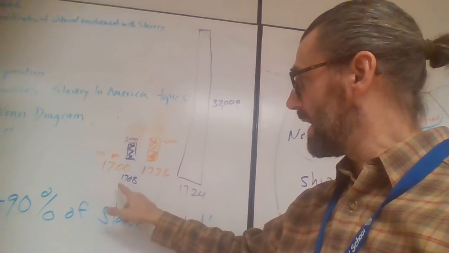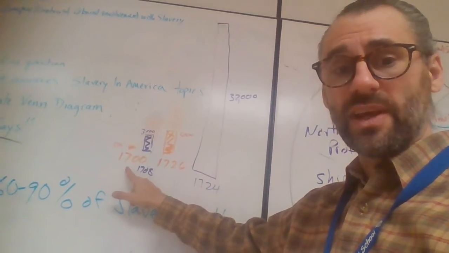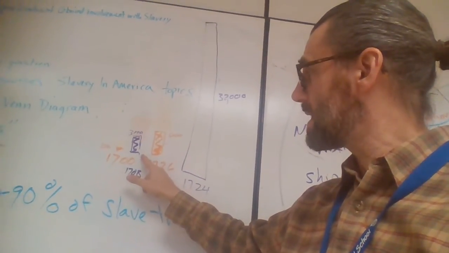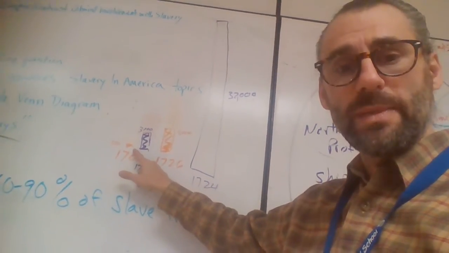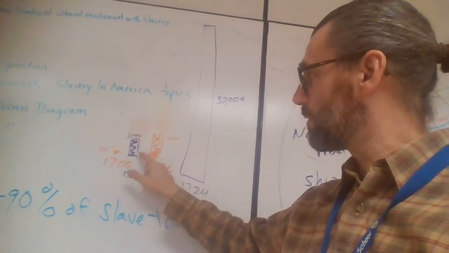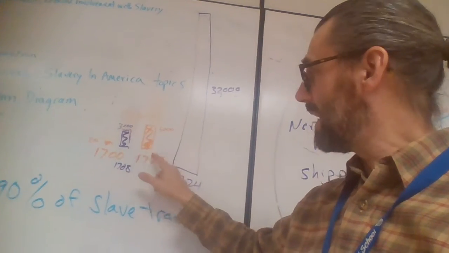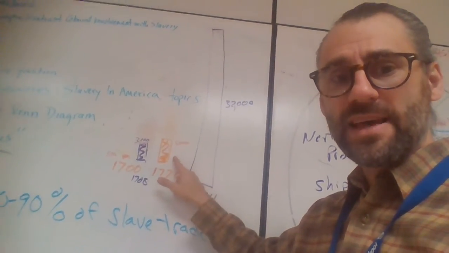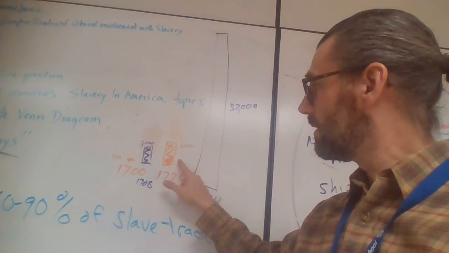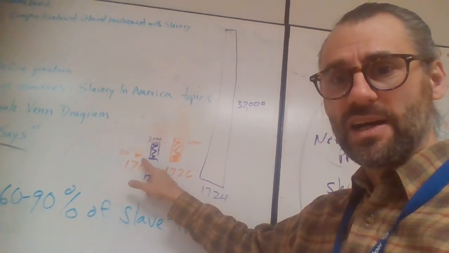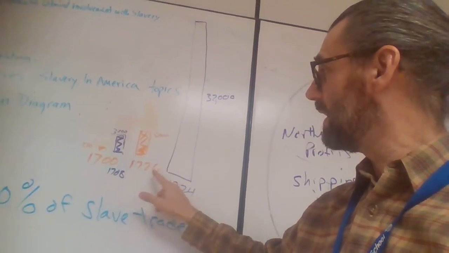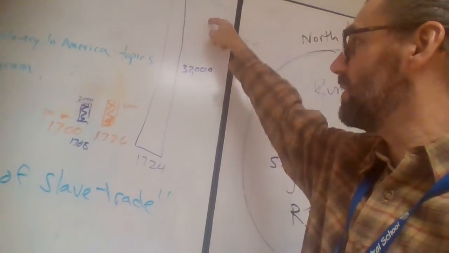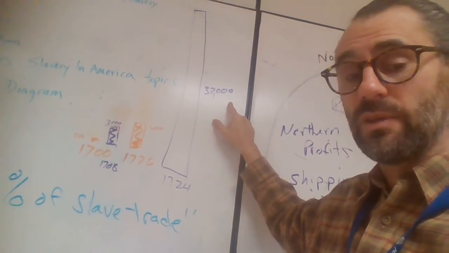The second question asked, how many slaves were there in 1700? We had 3,000. So we have a small amount of rice produced, and we have 3,000 slaves. As that rice increases to 5,000 tons, more than 10 times what was here, we have an increase in slaves in 1724 to 32,000.